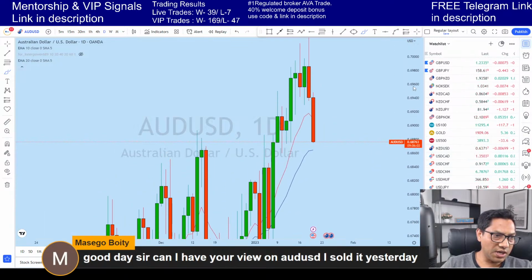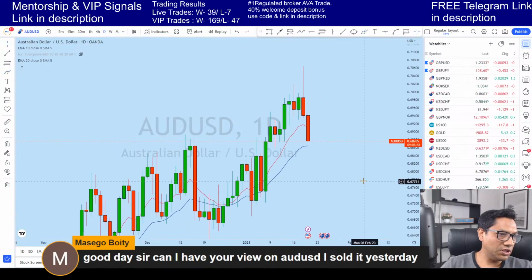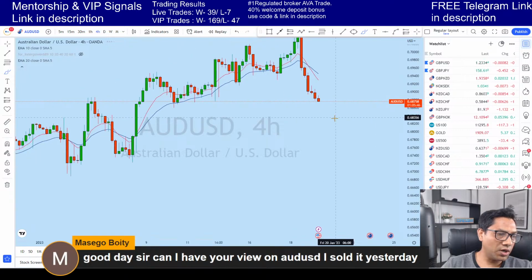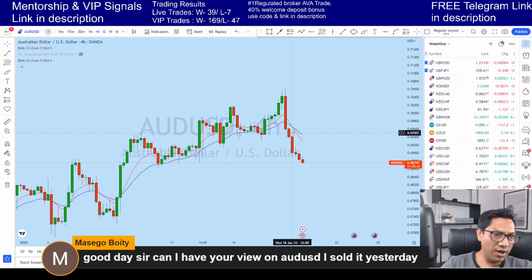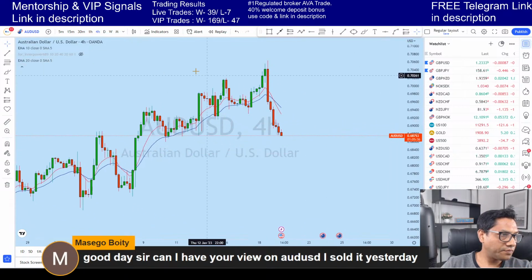Now the price is approaching the daily 20 EMA, and I think AUD USD may drop to this level, which is a very important area, and from that zone we might see again a bullish move. For the time being, if we look at the lower time frame, we see that there is a strong rejection. Now every session the price was creating a series of lower highs and lower lows.